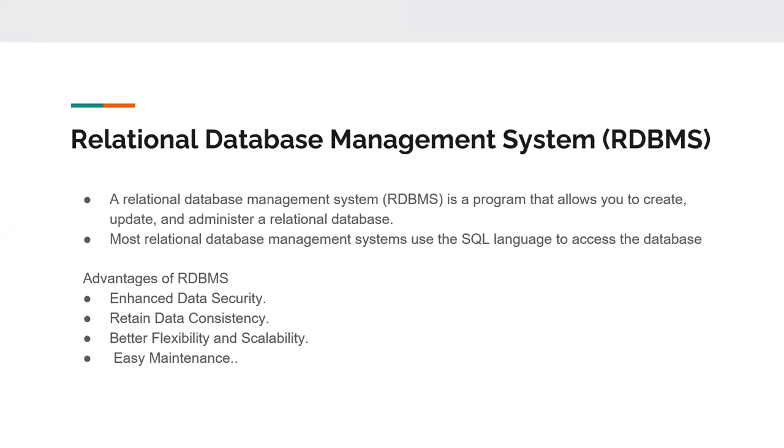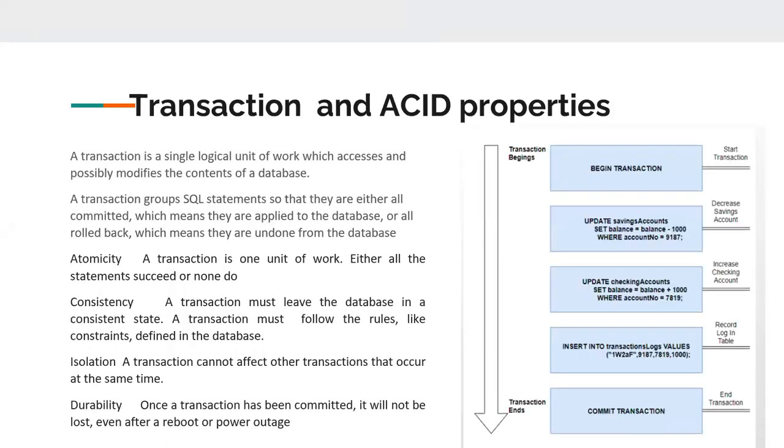It's easier to maintain. So when we talk about relational databases, one of the things we also consider is what we understand by transaction and ACID properties. This is one of the strengths of a relational database. So what is a transaction? A transaction is a logical unit which accesses or possibly modifies the content of a database. Let's say, for example, you want to make a transfer to a friend who has a bank account at a normal bank.